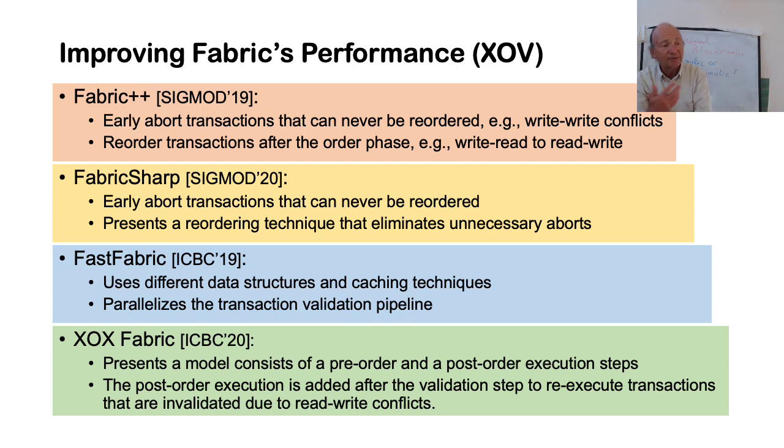And there is an execute-order-execute fabric, where basically there is both a pre-order execution, which is what we saw, and a post-order execution. The post-order execution is added after the validation phase to re-execute the transactions that were invalidated due to the read-write conflicts. I want to emphasize again that for Hyperledger Fabric, the execution of the transactions does not have to be deterministic. It can be non-deterministic.